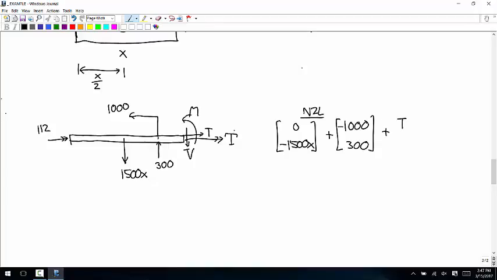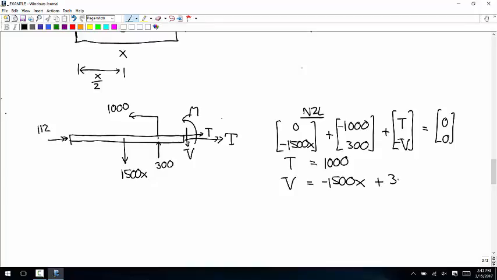Then T in the positive x direction, V in the negative y direction is equal to zeros. So T is positive 1,000. V is negative 1,500x plus 300.